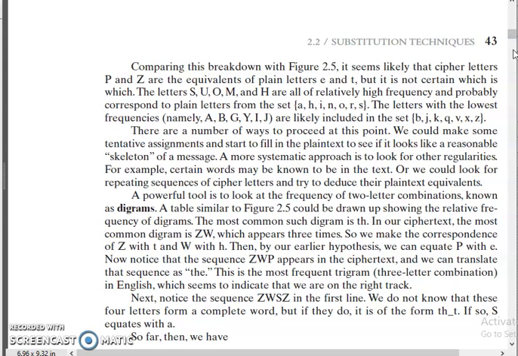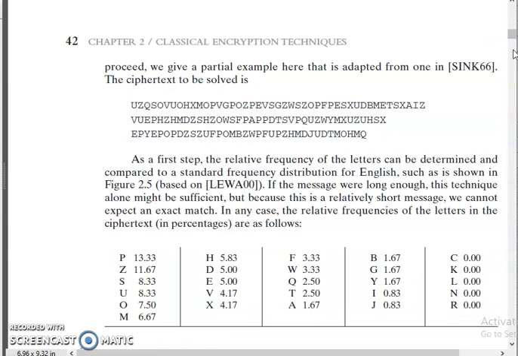First, it seems likely that the cipher letters P and Z are equivalent to the plain letters E and T. In the natural English language, the letters E and T have the maximum frequency. Like that, in the ciphertext, the letters P and Z have the maximum frequency.